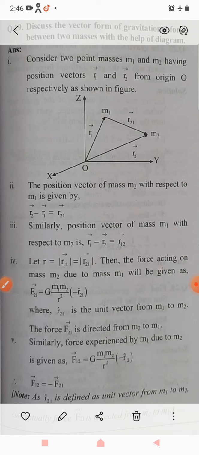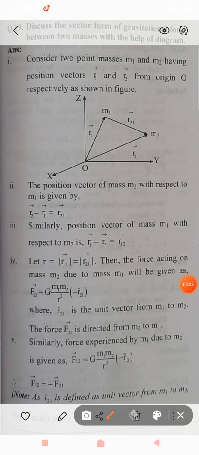The force acting on m2 due to m1. So this force acting on the second particle due to the first can be represented with the symbol F21. How can we read it here? The force acting on the second due to the first, that is F21, equals G m1 m2 upon r square, and we are measuring the distance from 2 to 1.